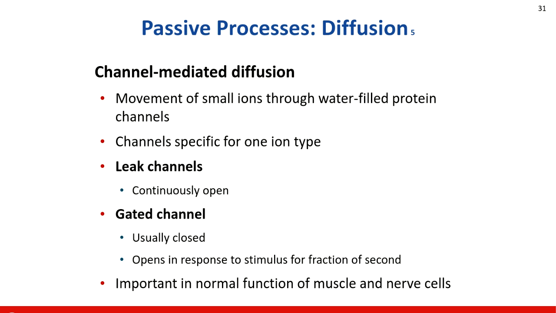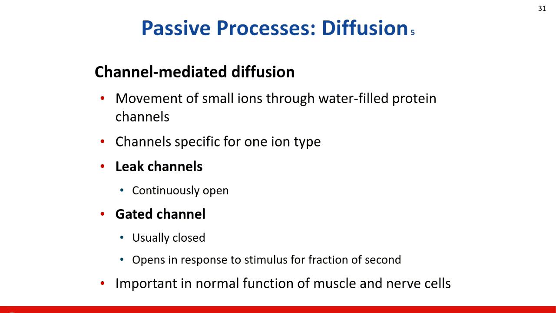The nice thing about these channels is that they're only going to allow the movement of one specific type of ion. So what that means is sodium can only go into sodium channels. They cannot enter into the cell or leave the cell through a potassium channel. So it is ion specific.